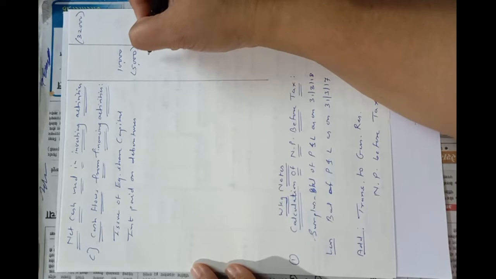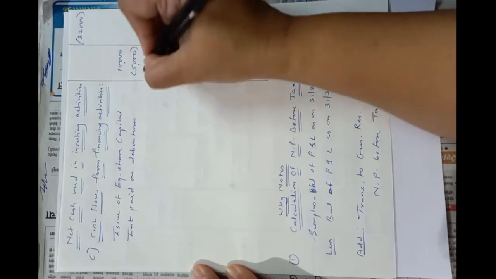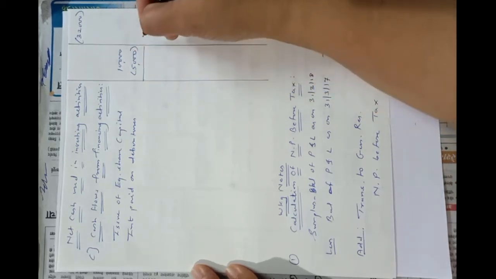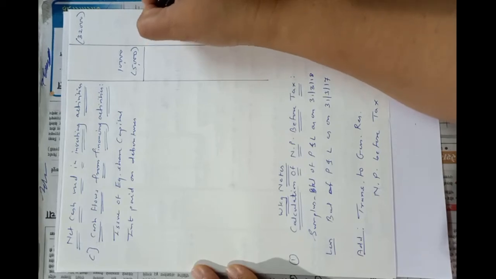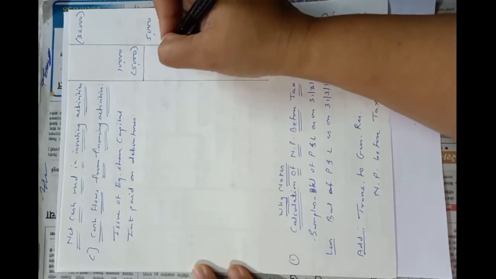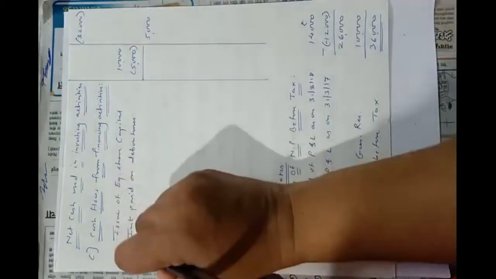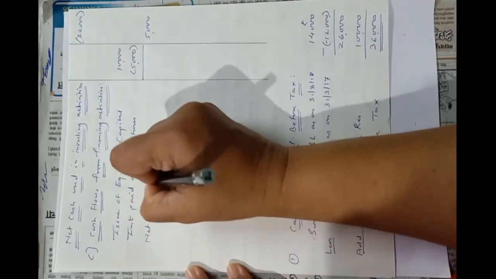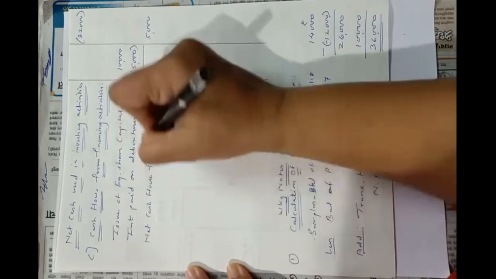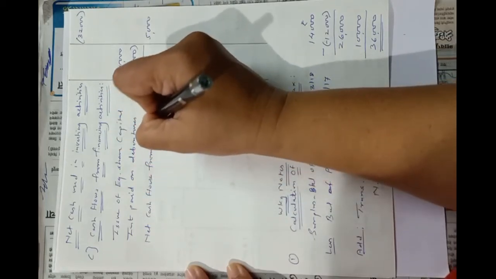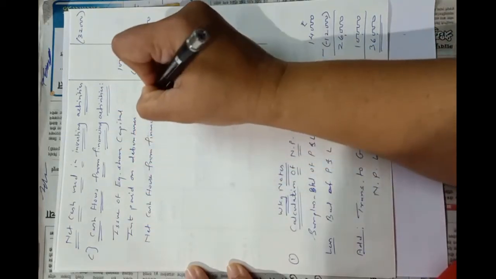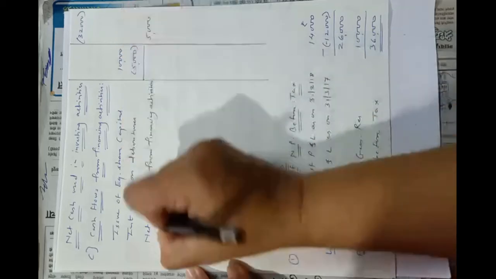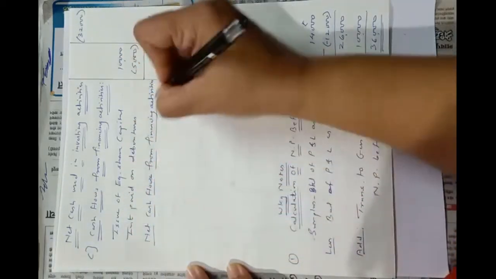Okay, now see here 10,000 is a positive amount, 5,000 is a negative amount. So the final answer will be positive 5,000, which is net cash flow from financing activities. Net cash flows from financing activities.